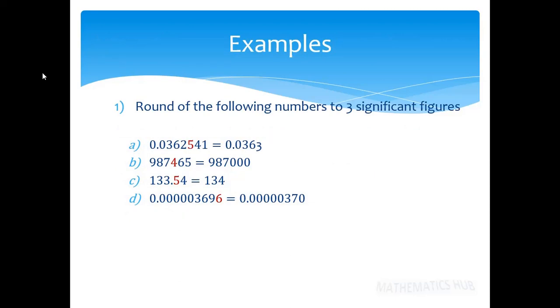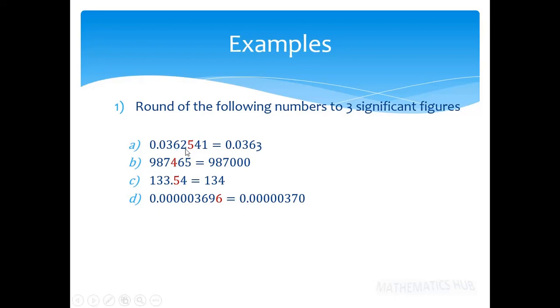The question that we want to answer says, round off the following numbers correct to 3 significant figures. The first number that we are having is 0.0362541. We start counting from the first non-zero digit, which is 3. If we count 3 digits, we get to 2.